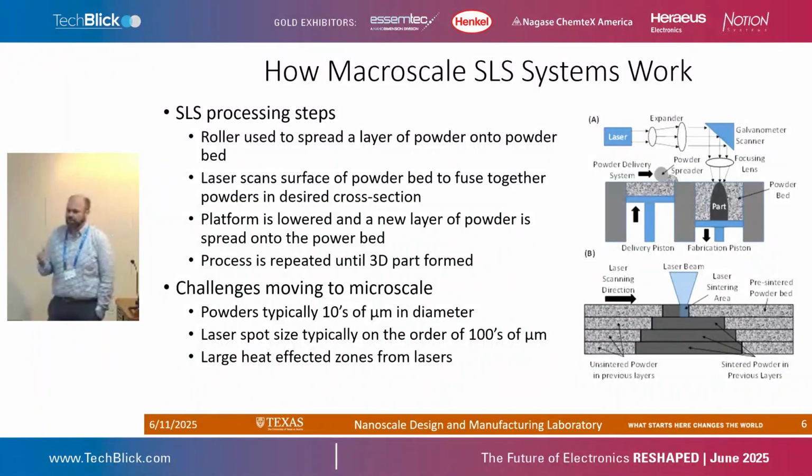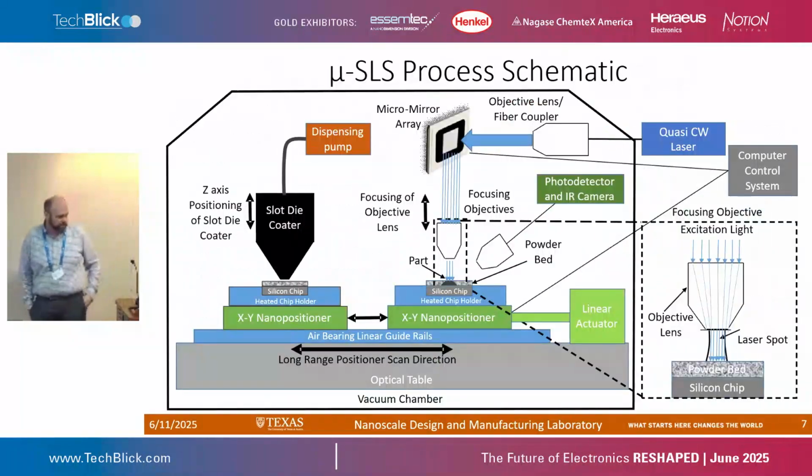You're generating a lot of heat, so the heat affected zones around the small spots you want to pattern are quite large. What we ended up developing was a similar concept, but a microscale printing process. The big difference is here we use nanoparticle inks as opposed to macroscale particles. Our particle sizes are sub 100 nanometer.